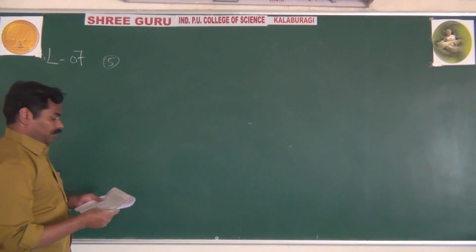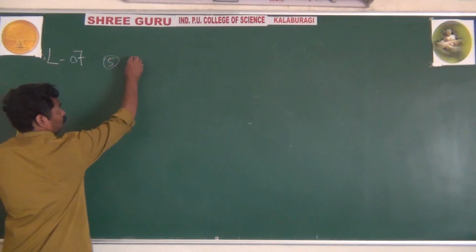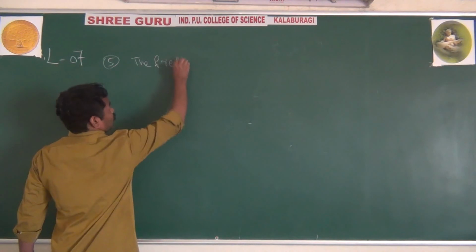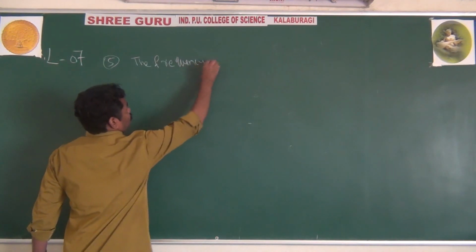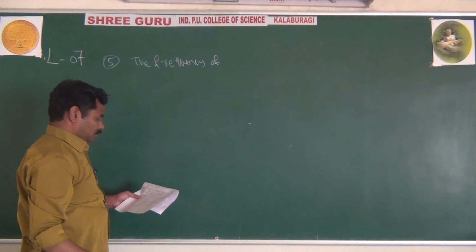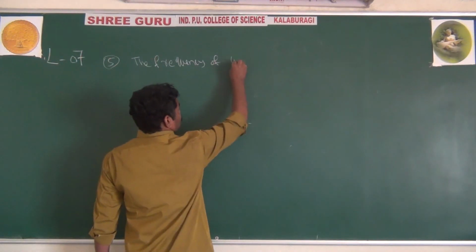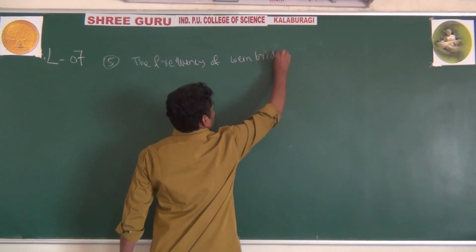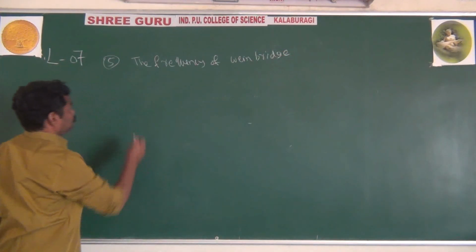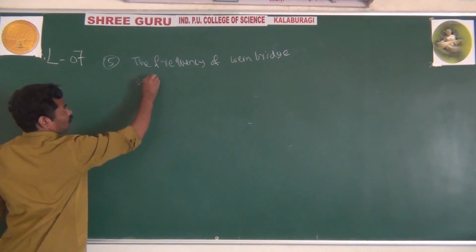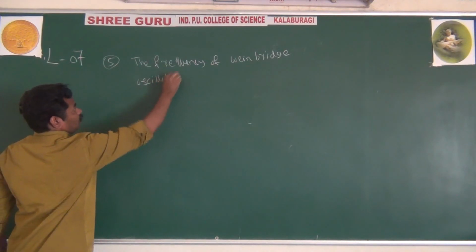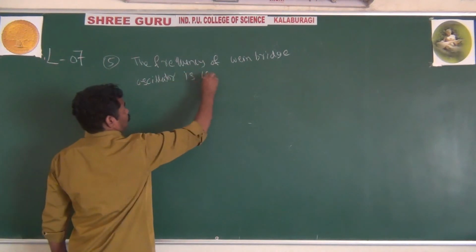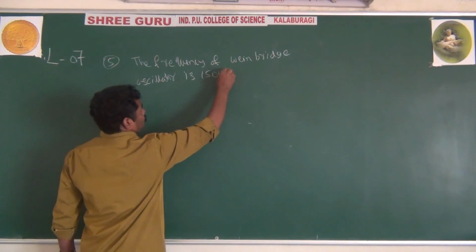Here also, the frequency of the Wien bridge oscillator is given, about 1500 Hz.